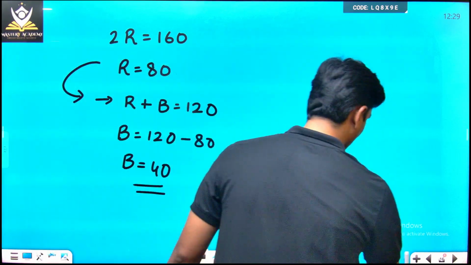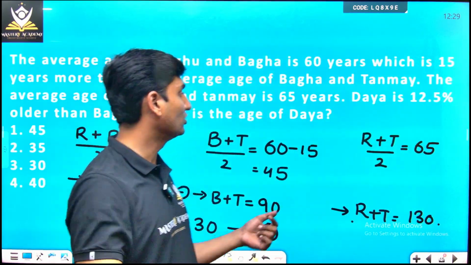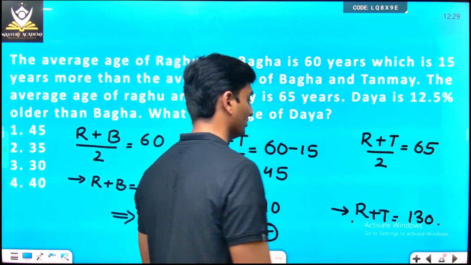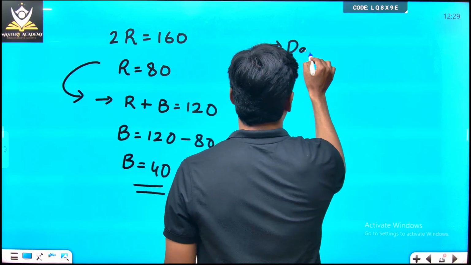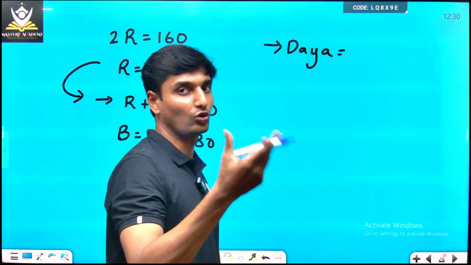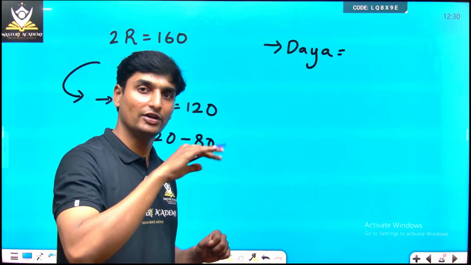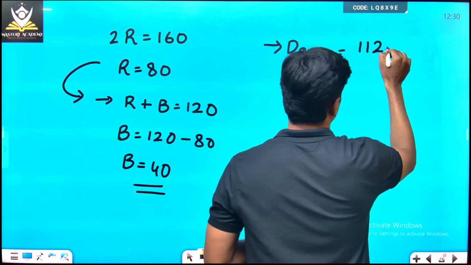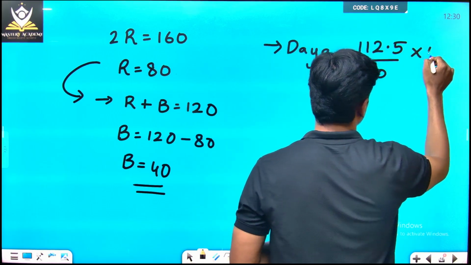But in the question they have also given us this condition: Daya is 12.5% older than Bhaga. So the age of Daya, I can take it to be 12.5% more: 40 plus 12.5 upon 100 into 40, or I can take 12.5% more to mean directly 112.5% of 40.